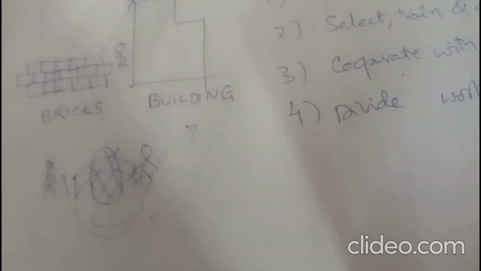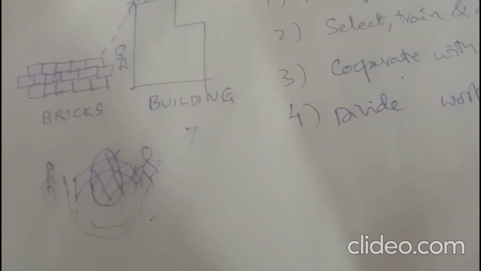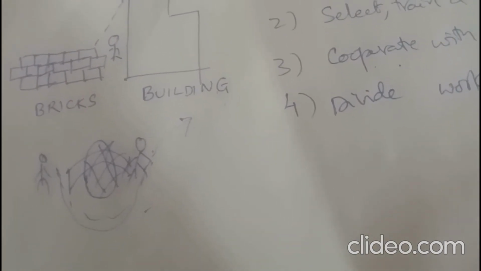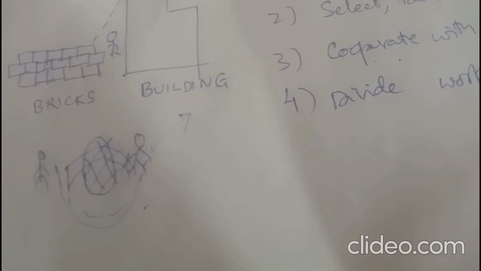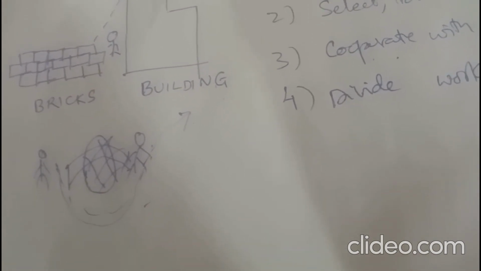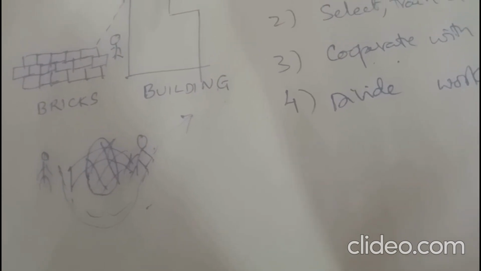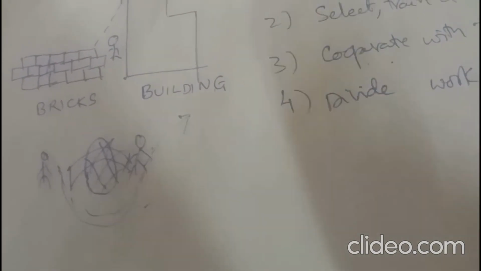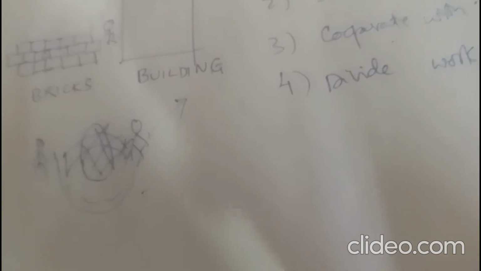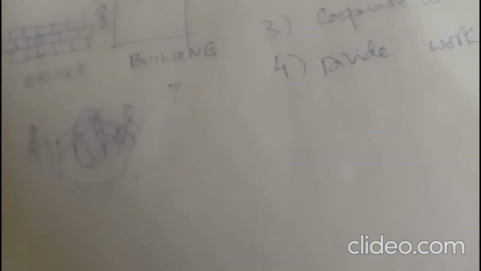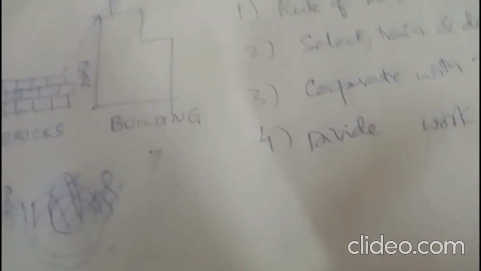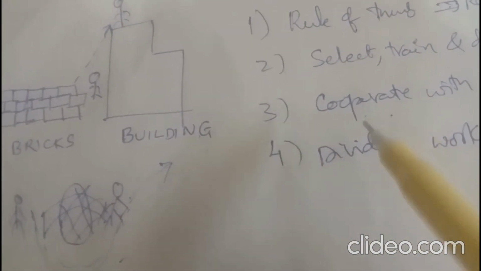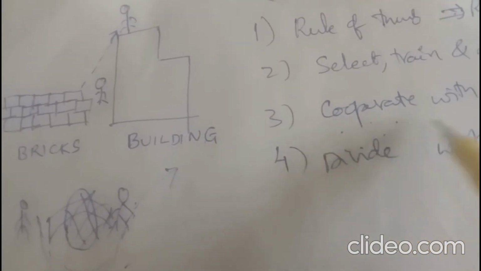The managers used to leave the spot, and after some time they used to inspect the work done by the workers. If it was not completed they were punished harshly, and if it was done they were happy among themselves without giving any appreciation to the workers. Taylor said to cooperate with the workers.